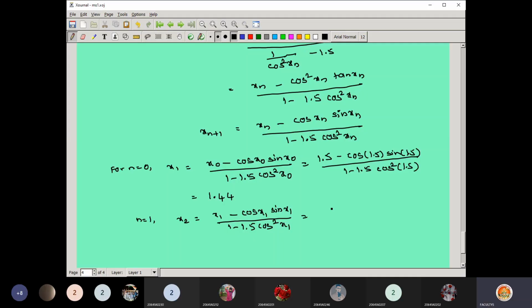Rule number 2. 1.345. Okay, 1.345. Again a change is there. So you go for the next value, n equal to 2, with x3.